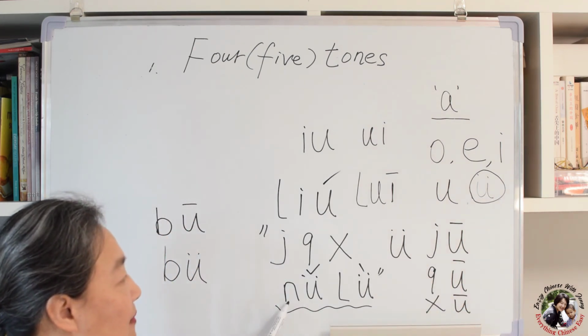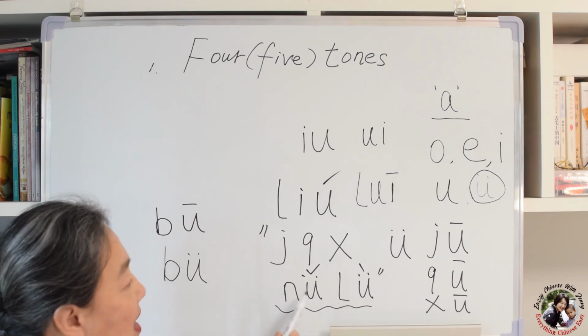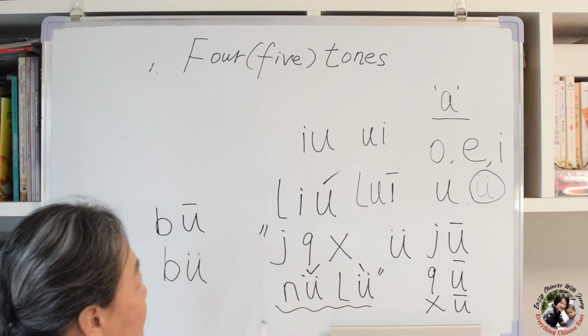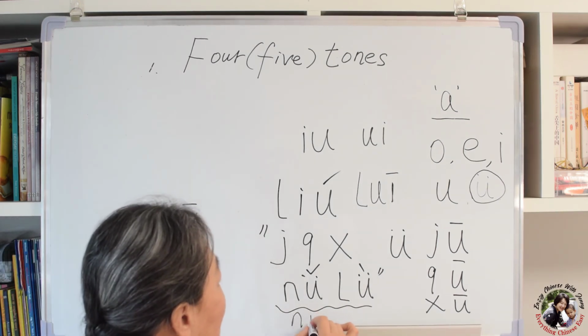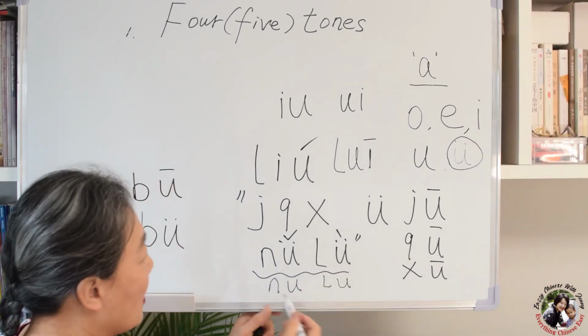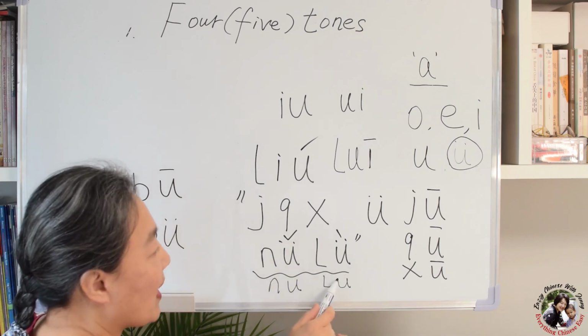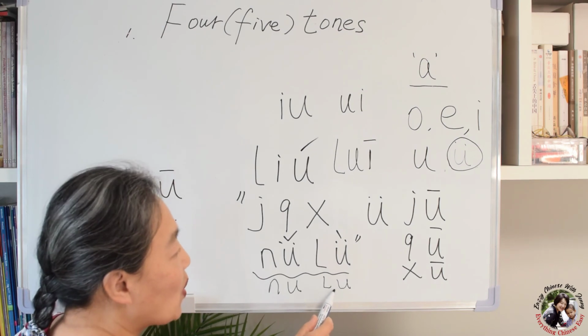However, if this yu follows this ne, le, you must put these two dots on top, because ne u and le u, lu. If you don't have these dots, you should pronounce it as u.